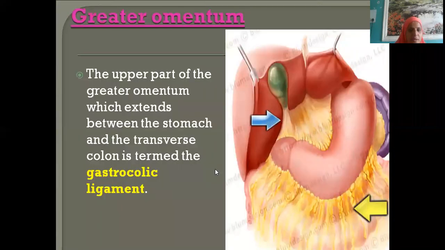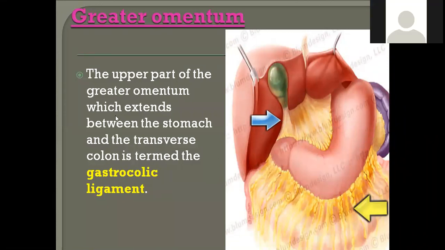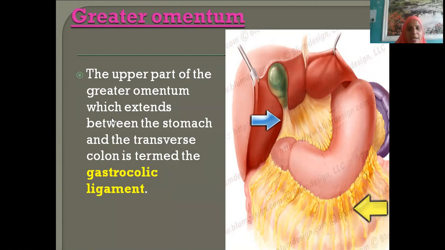Then the greater omentum, this one yellow thing. The upper part of the greater omentum, which is extending between the stomach and transverse colon, is thickened to form one ligament. Wherever peritoneum is becoming thick, like the ligaments between the duodenum, the hepatogastric and hepatoduodenal ligament, we have discussed just now. Similarly, we have a thickening between the colon and stomach.